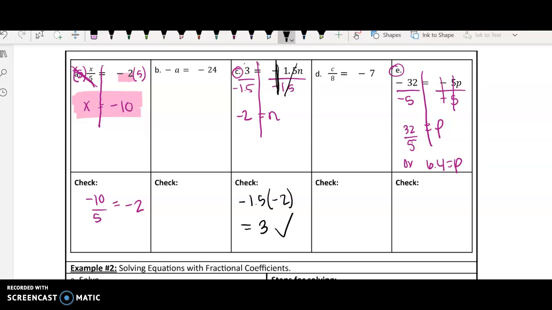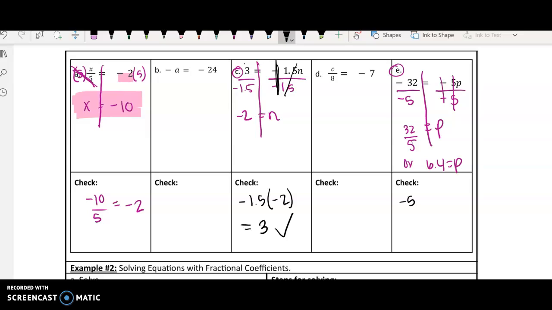In E, we are multiplying by -5, so the opposite is to divide by -5 on both sides. That cancels out my negative and my 5. So 32 divided by 5, you can keep it as 32/5, or if you really, really wanted to, you could plug it into the calculator and get 6.4 equals P. So now let's check our work.